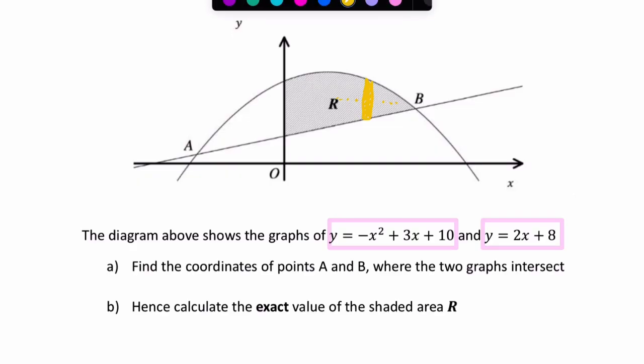So the height of this strip will be the height of the upper graph minus the height of the lower graph. So it'll be y1 minus y2, where y1 is this graph, the upper, and y2 is the lower.